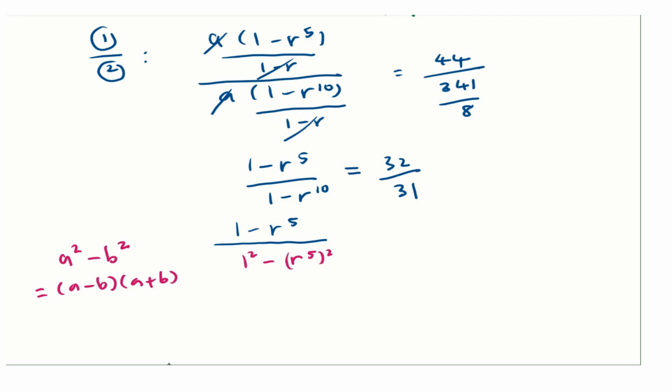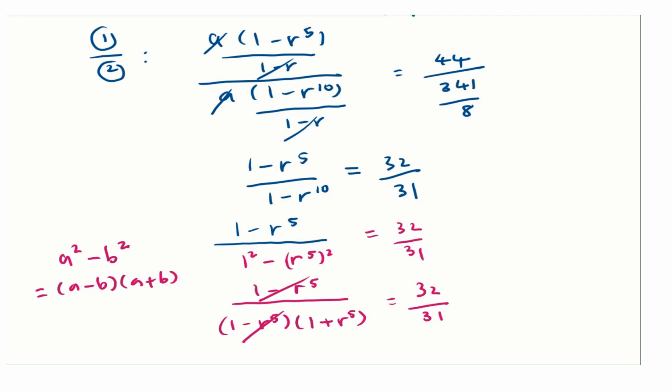So here we have 1 minus R power 5 over, at the denominator, 1 minus R power 5, 1 plus R power 5, and then 1 minus R power 5 can be cancelled out. On the right side it remains 32 over 31.